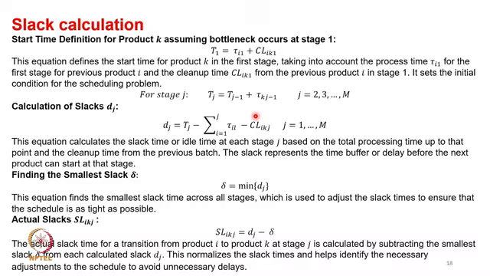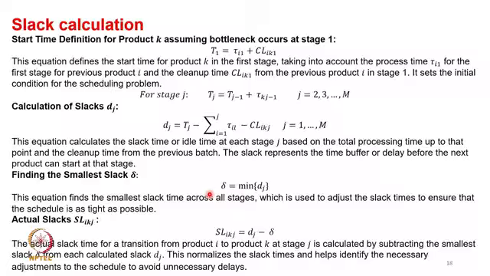The slack in this context represents the time buffer or delay before the next product can start. And how to find the smallest amount of slack? You would see that slack happens in every stage, and when you have such multiple Dj values computed for various stages of m, the minimum slack would be delta, which is the minimum of Dj, and what we call SLK, which is the actual slack.